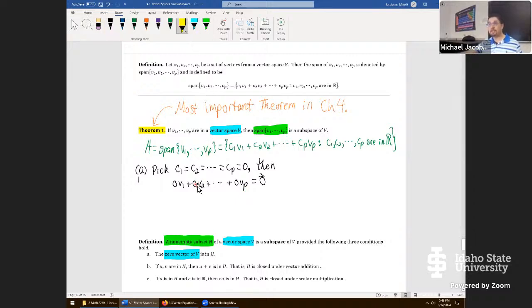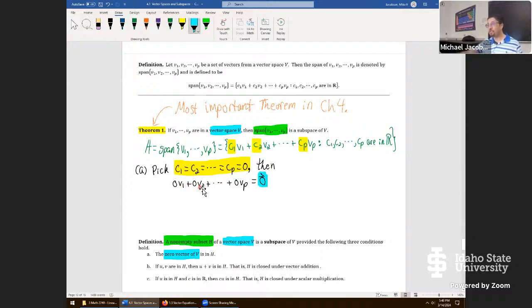And this is kind of a weird step to show, but remember, it's all about set membership. To get inside the set for the span, you have to pick these values. So what did we do? We picked them all to be 0, and that generates an element that is in the set. That element is the 0 vector.